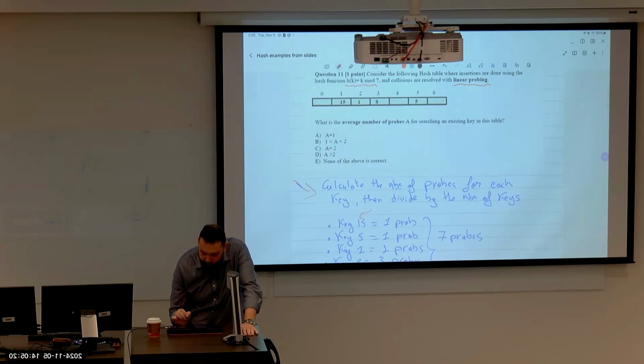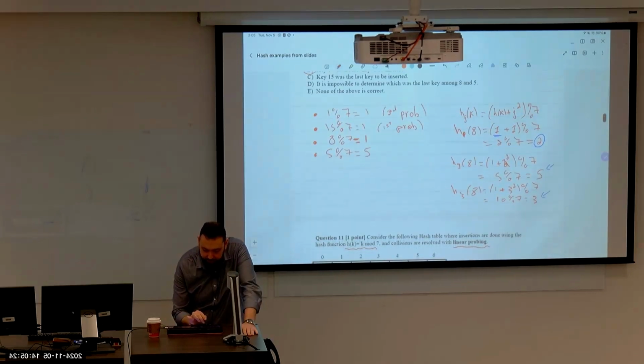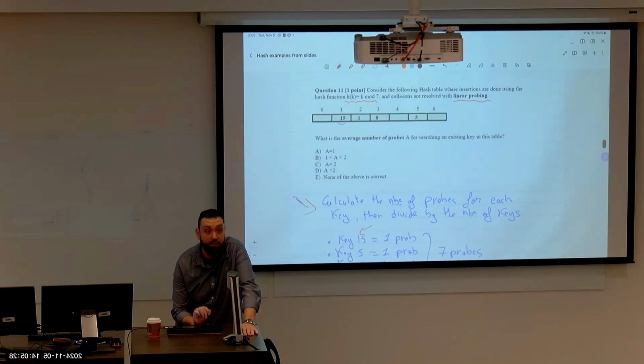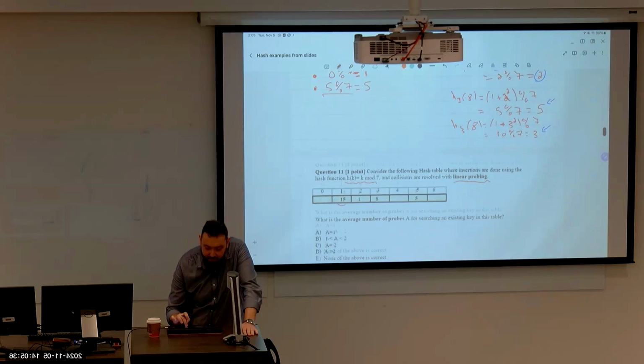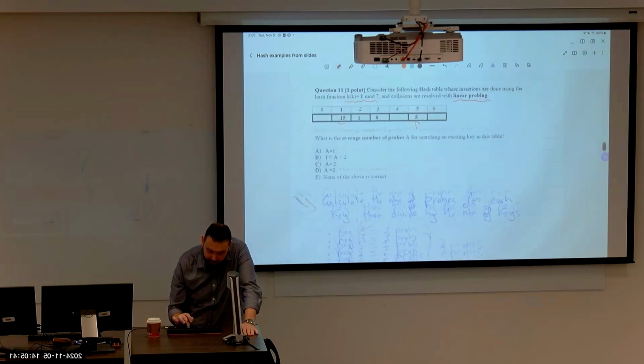For key 15, we said it's going to take us only 1 probe, right? Why? Because we did 15 modulus 7 equal to 1, and right away we saw it's here at 1. And then for key 5, the same thing. We said 5 modulus 7, it gave me 5, so that means it took me only 1 probe to be at 5. So that's very good.